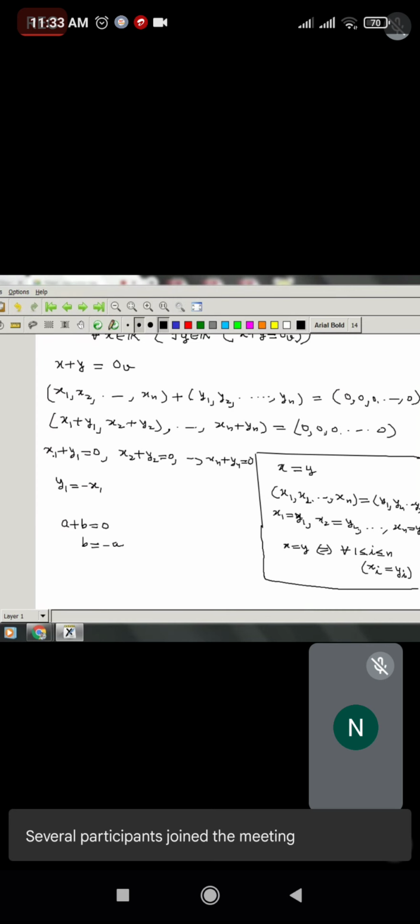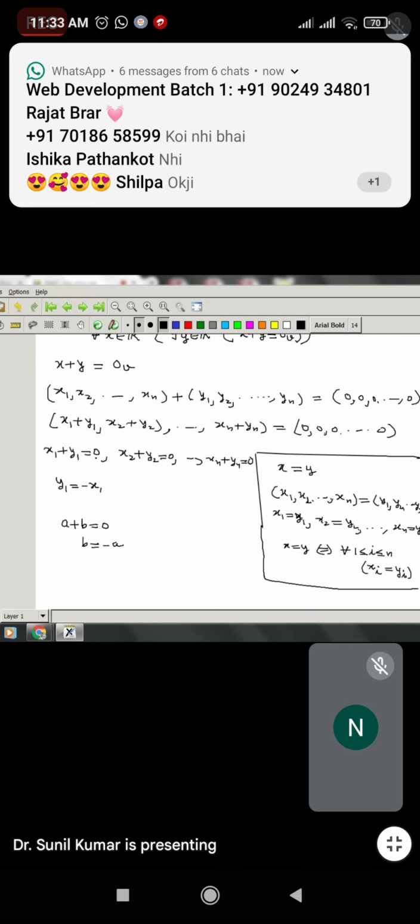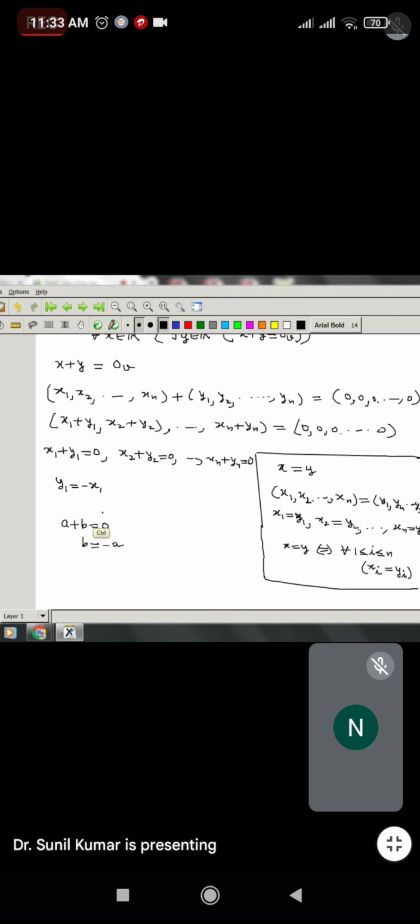So because x1 is a real number, y1 is a real number, and 0 is a real number, this satisfies the property of real numbers. Only then we can write y1 is equal to minus x1. Similarly, we can write y2 equal to minus x2, and so on, yn equal to minus xn.